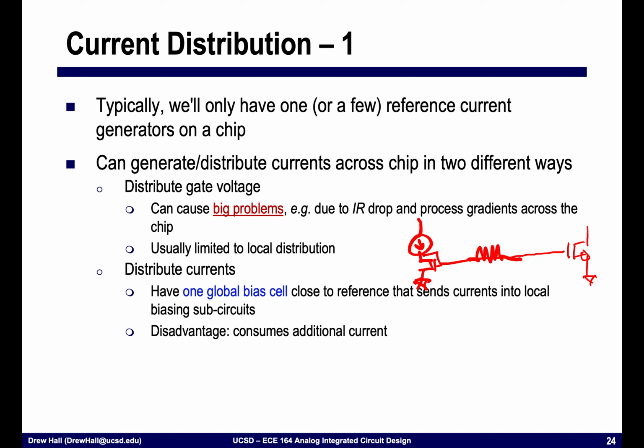I have to worry about any resistance here, as well as if I had, for example, a trace that coupled clock signals onto this, it would contaminate this signal due to the fact that it's voltage mode rather than current mode. Typically, we will only generate gate voltages in local circuits, and we will distribute currents across the chip if we're going long distances.